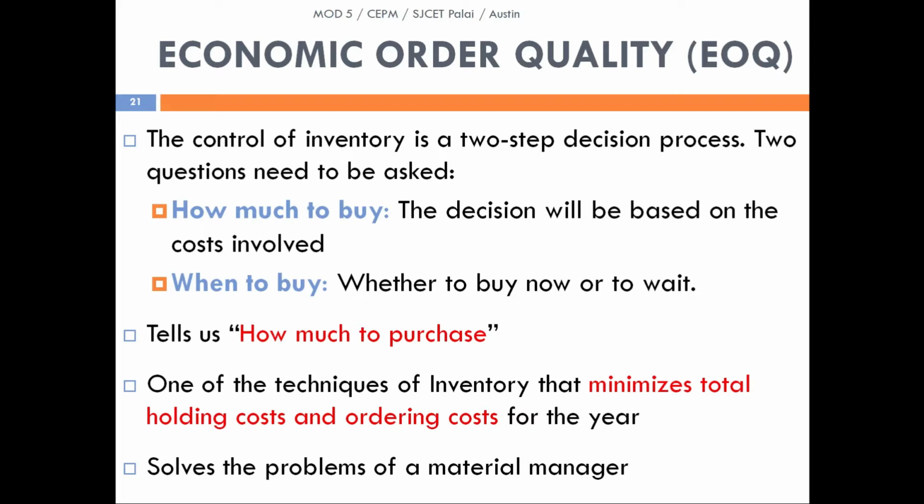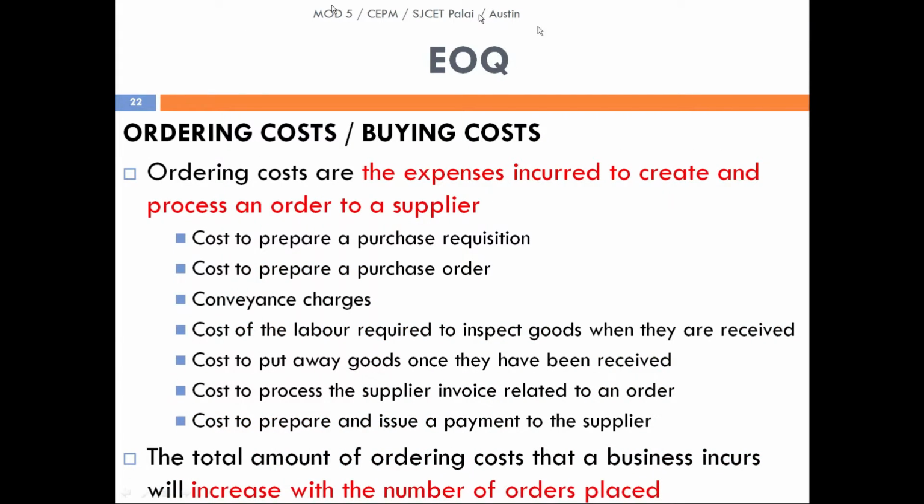If the inventory is more, sometimes they may be on the safer side, but the cost may increase. So it is up to a material manager to analyze the present market condition and the present situation of the company, and to decide how much is to be kept as inventory and when the remaining has to be bought. So we'll be seeing EOQ in detail.